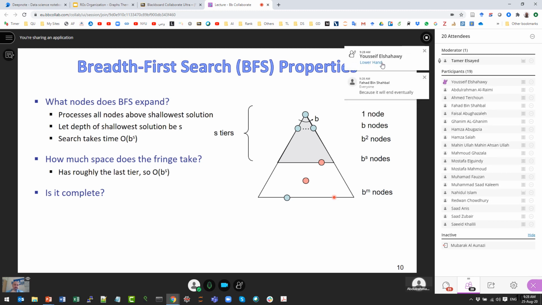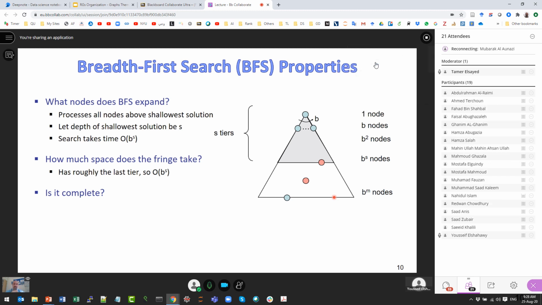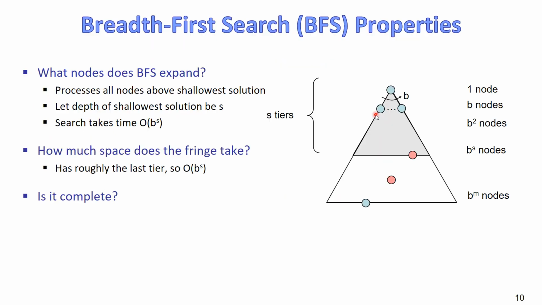Yeah, so if there is a solution, it will find it, right? Again, if there are no cycles, of course. So if it's finite, then the solution exists and it will reach it. We don't know when, but it will reach the solution.